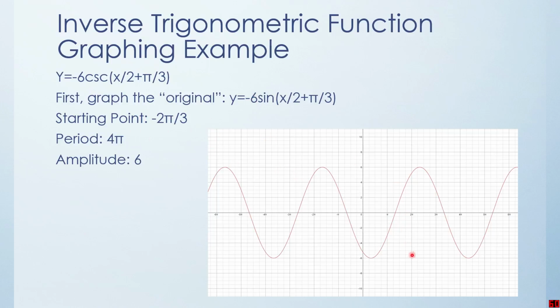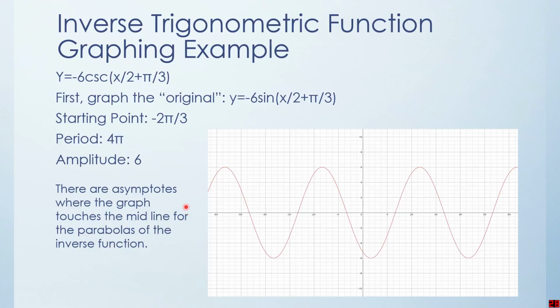So then if you graph all that, this is what your graph should look like. Notice how the starting point is negative 2 pi over 3, and the period is 4 pi long. Since this is a sine graph, it would start here somewhere, and then it would go on to 4 pi, and the amplitude is 6, so it goes all the way up to 6.